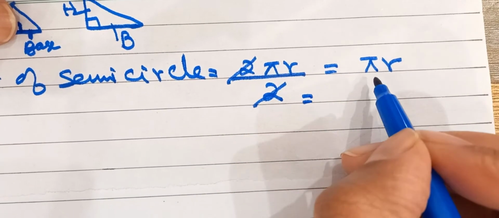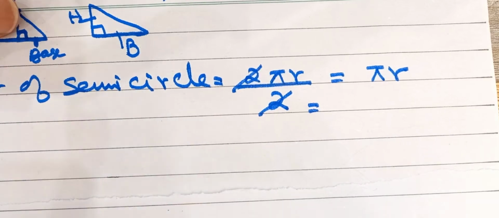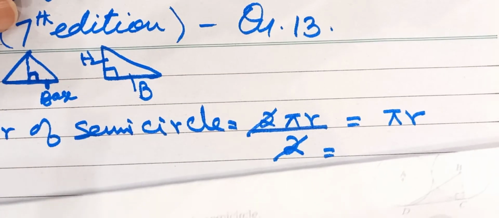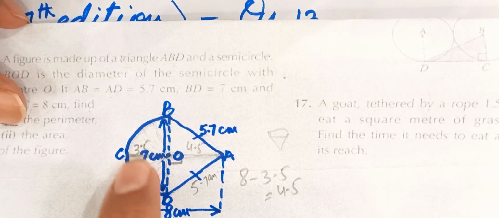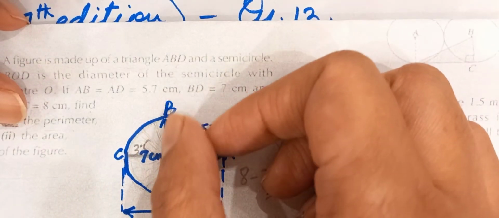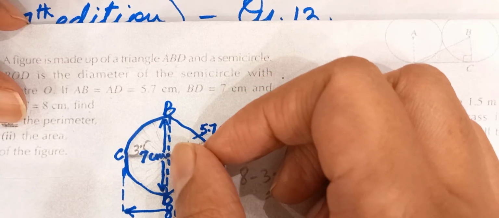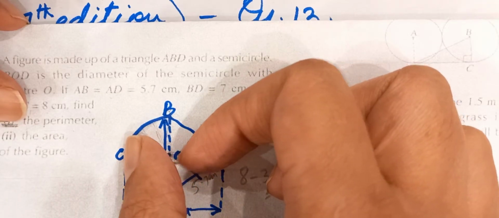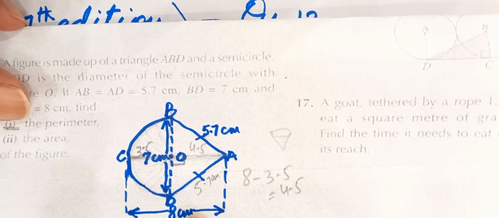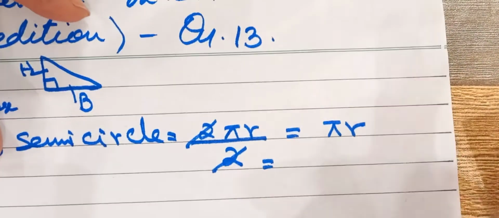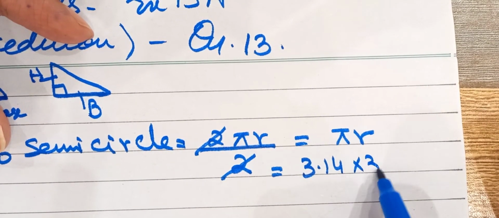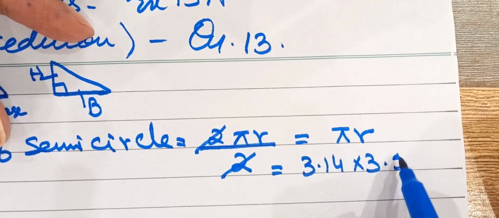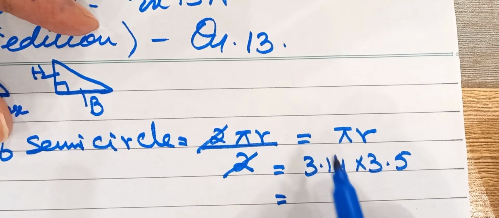Here I know that the radius of this semicircle is 3.5 centimeters, which is half of 7. All the points starting from the center and reaching the outer side are radius. So I know the radius is 3.5, and I get my required answer by taking 3.14 for pi and multiplying it with 3.5.